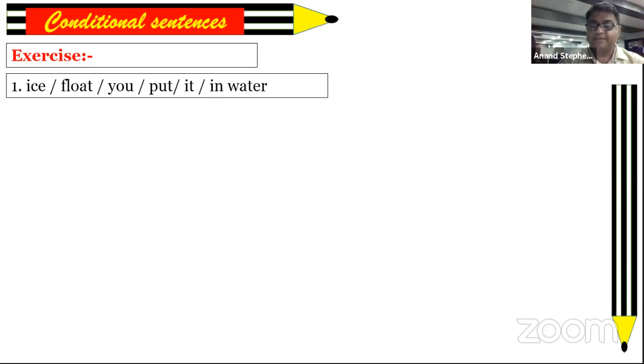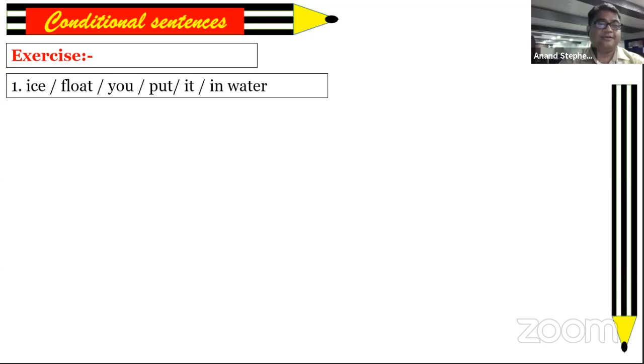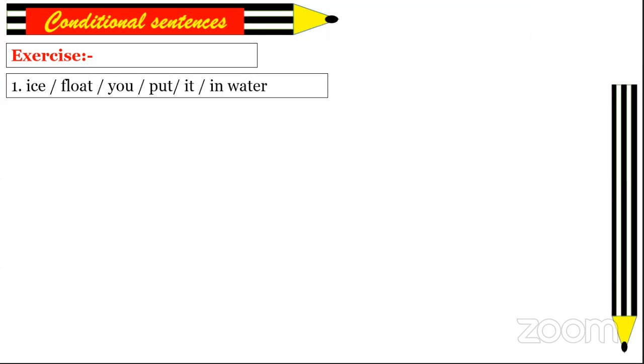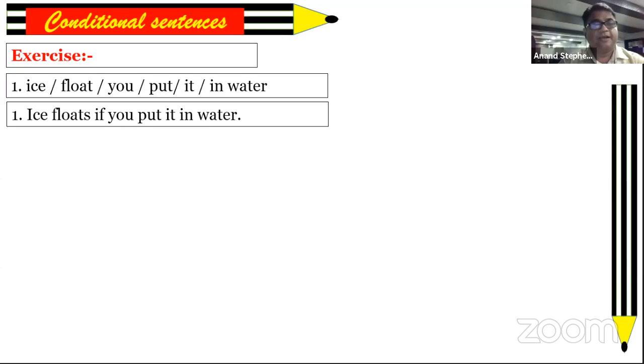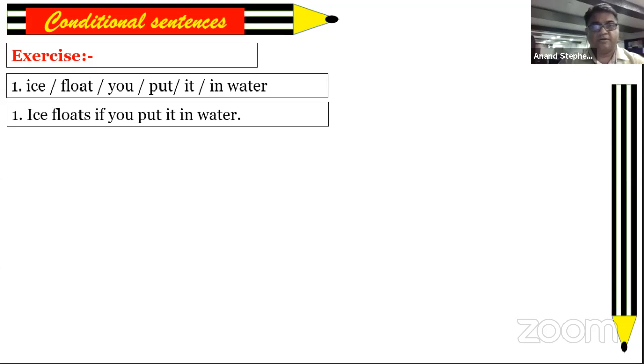You missed out only one thing which is necessary. That word which shows that this sentence is a conditional sentence: either if or when. Okay, let me help you. Ice floats if you put it in water, right?